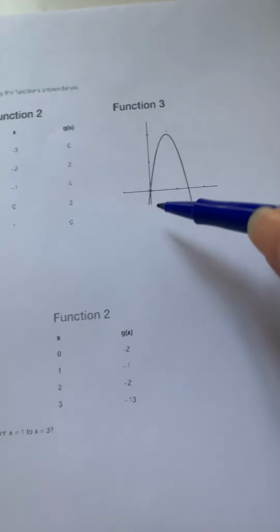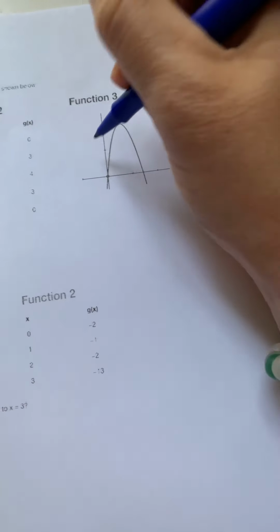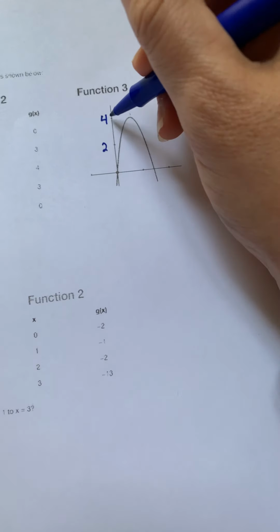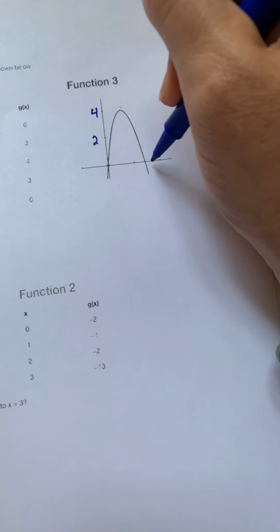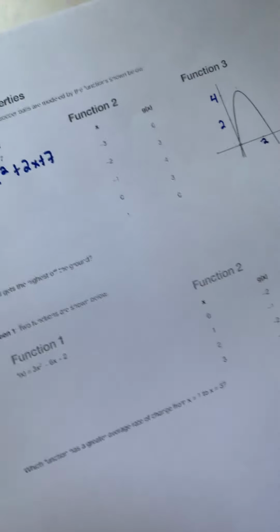And then we have function 3 here, and let me double check, but yeah, this graph is going right to 4. So it's not quite crossing 4 for the vertex.